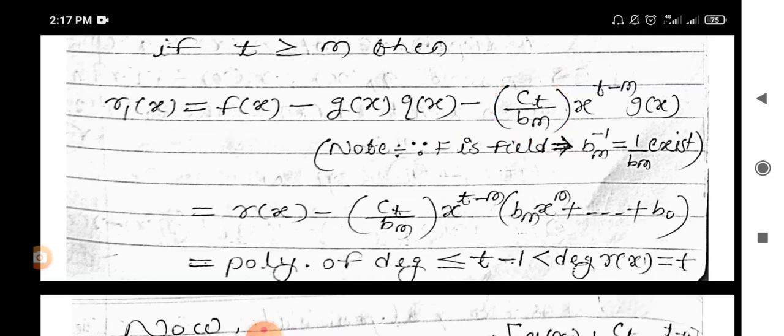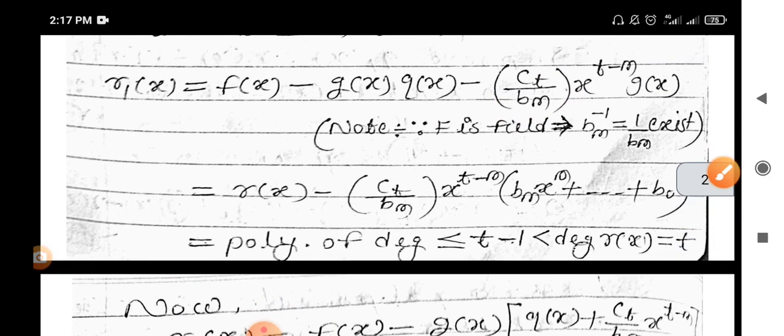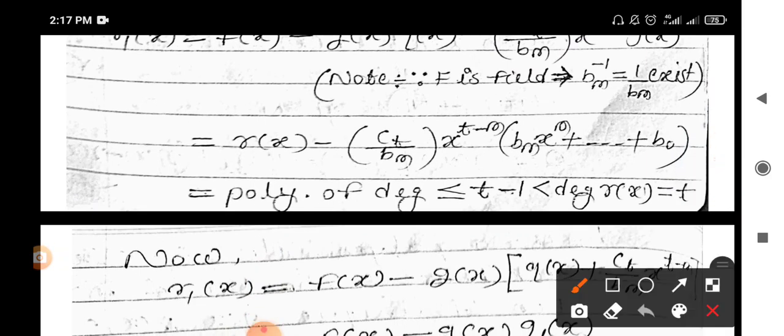So we obtain that r1(x) is r(x) minus that non-zero coefficient ct upon bm into x raised to t minus m into bm x raised to m plus bm minus 1 x raised to m minus 1 plus and so on plus b1 x plus b0.